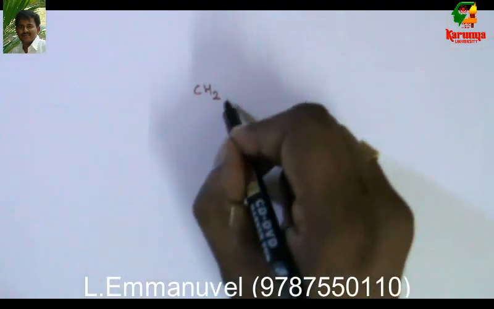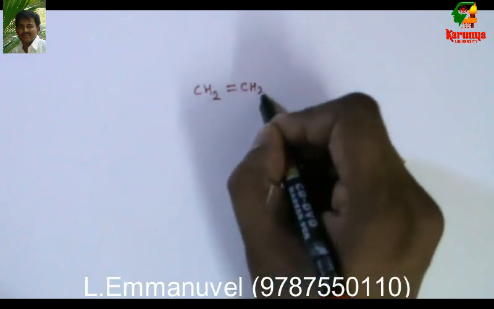So in order to predict the mechanism, it is very important to find out the electrophilic and nucleophilic center in the molecule. Let us go to the most common functional groups and let us try to predict which atom is electrophilic and which atom is nucleophilic. The most common one is alkene.